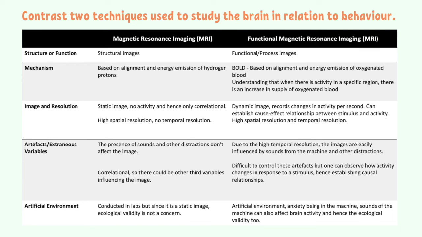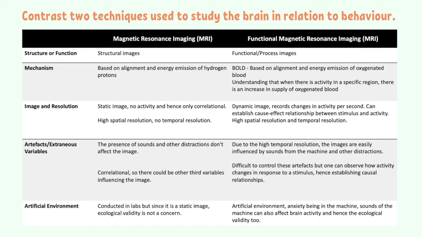So regardless, the fact that it has the ability to record activity per second, the researchers are able to record changes in activity in response to specific stimuli, okay? And with multiple trials, there is more potential to develop a cause-effect relationship.